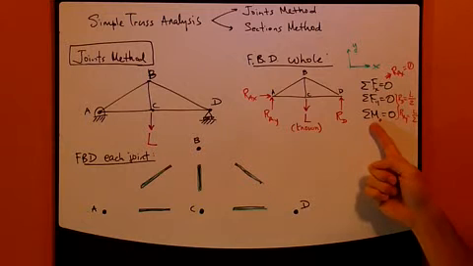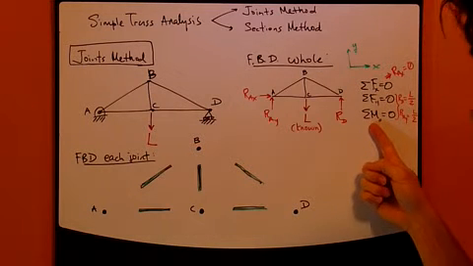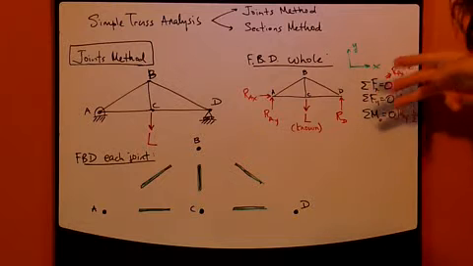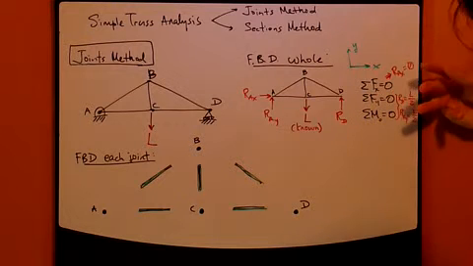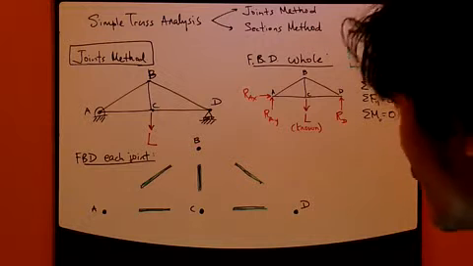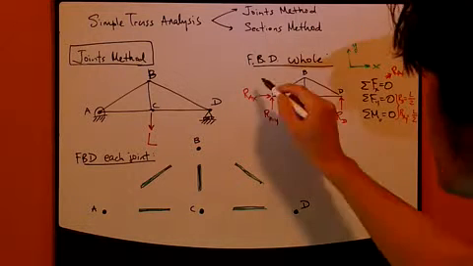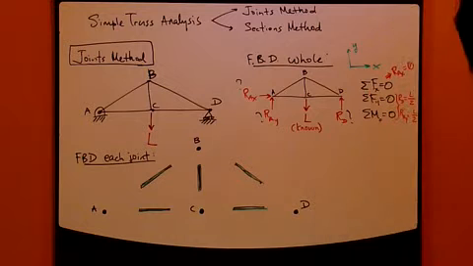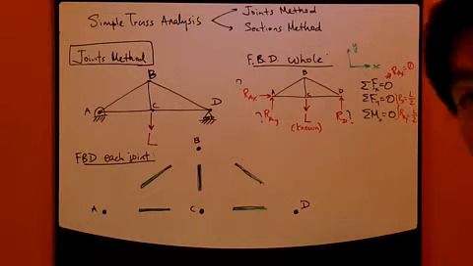The third equation is the sum of moments: the sum of moments about any point equals 0. These three equations must be satisfied simultaneously for this entire truss to be in equilibrium. And here we have 1, 2, and 3 unknowns. Three unknowns, three equations, no problem.